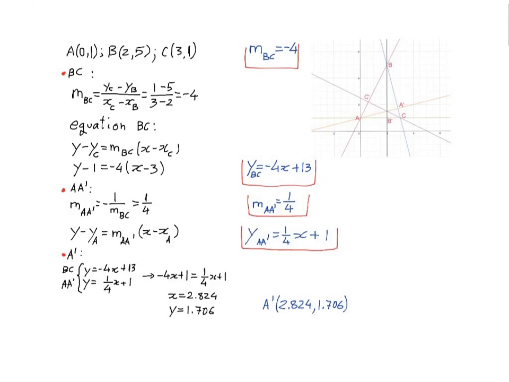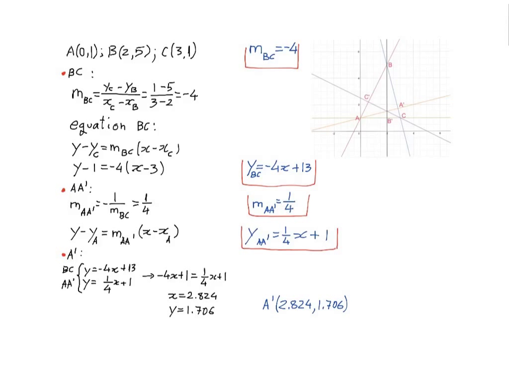Now the equation of AA prime, which is the altitude perpendicular to BC, the gradient needs to be negative 1 over MBC, MBC being the gradient of BC. And that gives us a gradient for AA prime equal to 1 over 4.